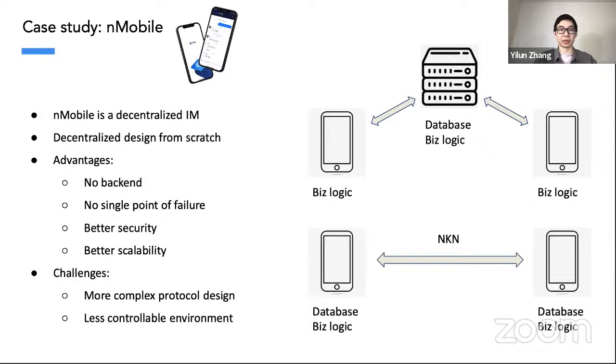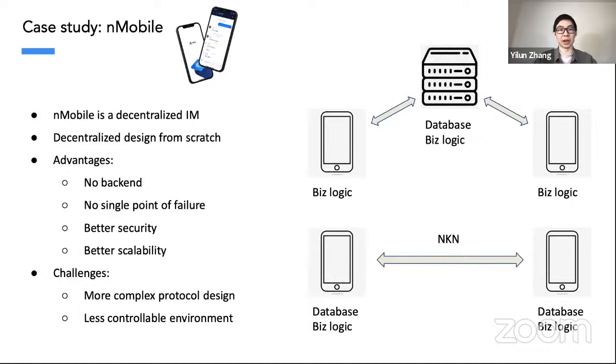And there's no single point of failure, as long as the NKN network is reliable enough, which it is. We also have better security because all the data are end-to-end encrypted using end-to-end public keys, and there's no server that can access any of this data. So there's no single point where you can just crack the server and get all the users' data.